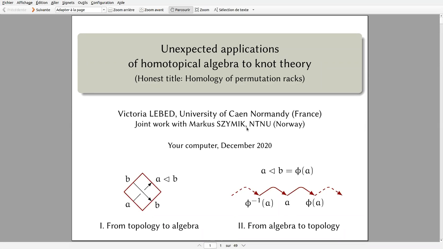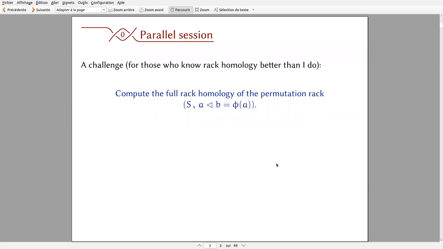So let me start up. Well, since many of you in this audience know much more than I do about racks and quandles and their homology, you will not need the first introductory part of the talk, and that is why I suggest that you can maybe take it as a challenge and try to compute by yourself the full homology of the permutation rack for a given permutation phi.